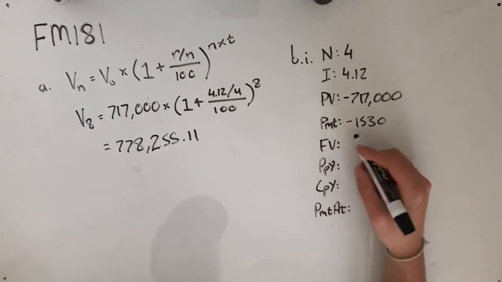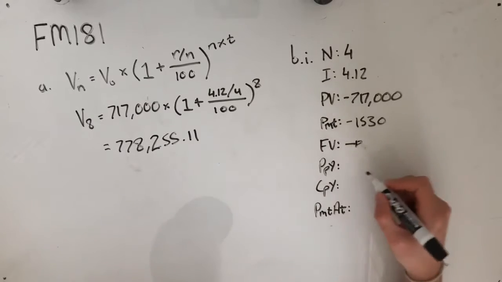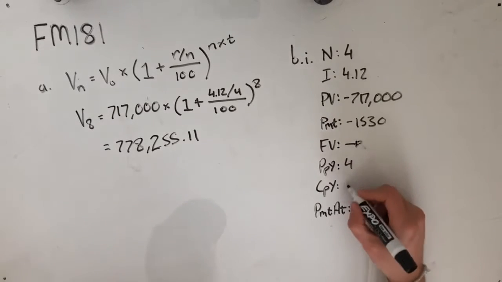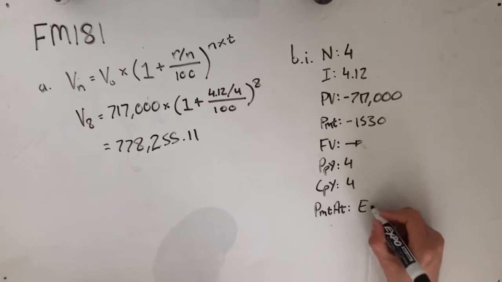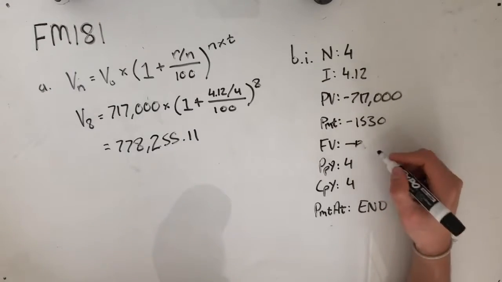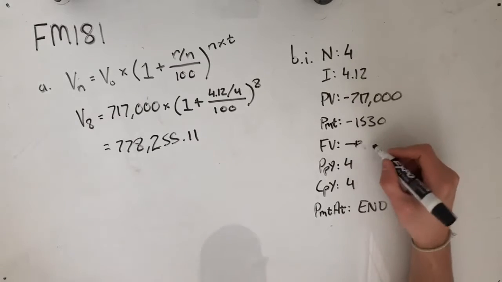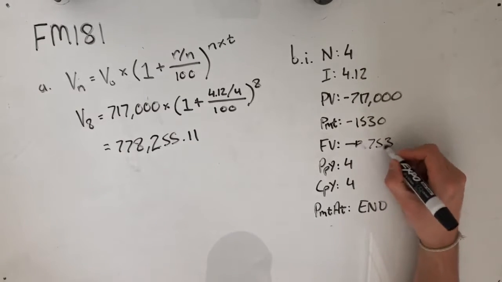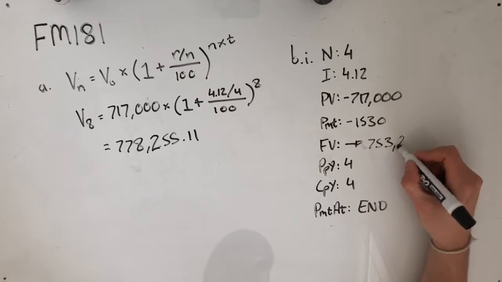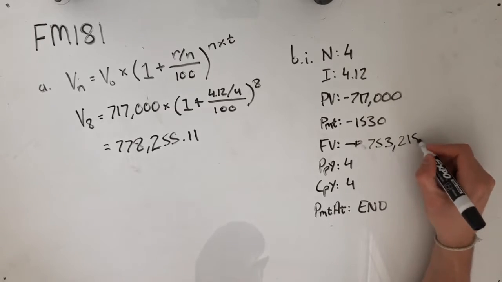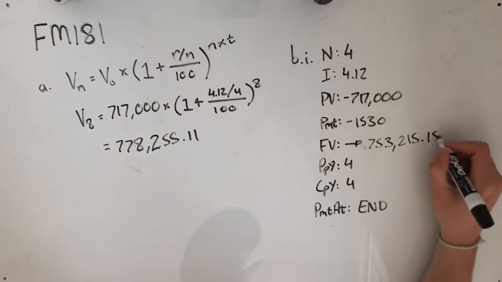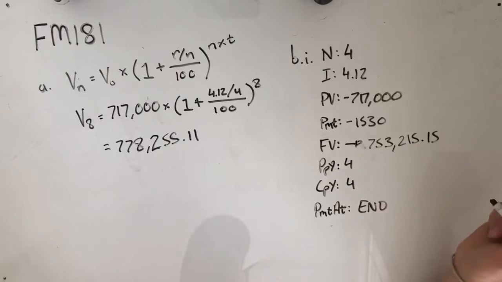Our future value is what we're calculating for. Payments per year 4, compounds per year 4, and of course we always stay at end. Plugging this into Finance Solver and solving for the future value, we should get an answer of $753,215.15. That should be our rounded answer.